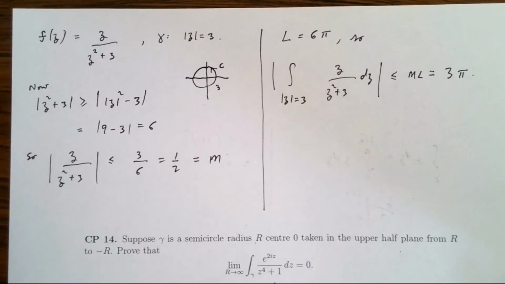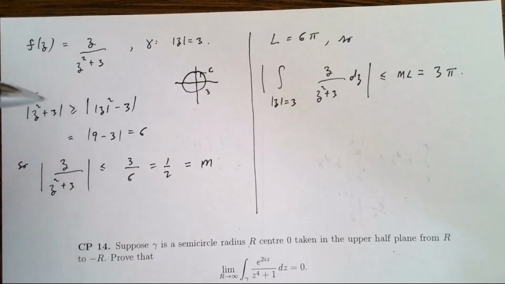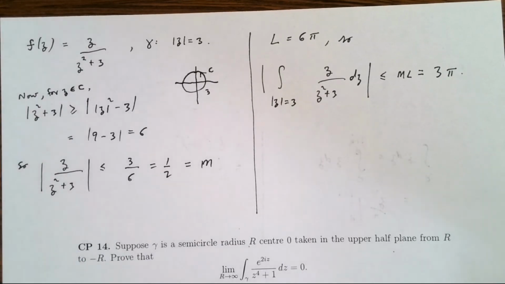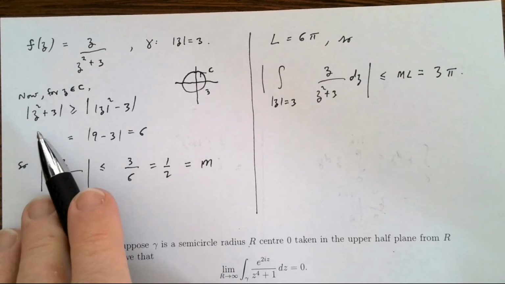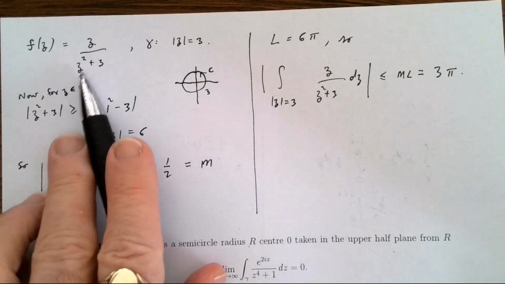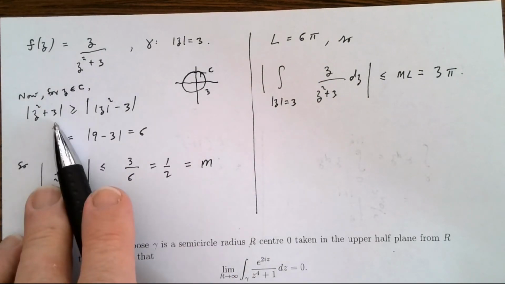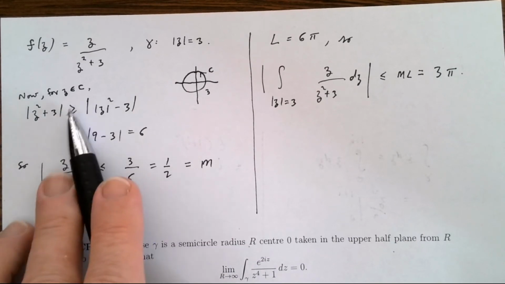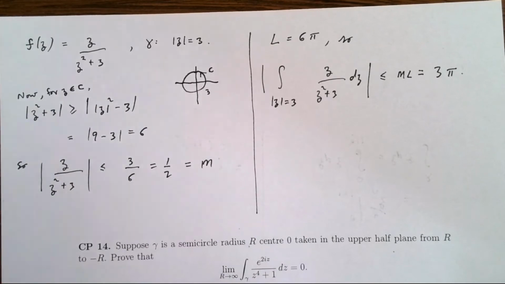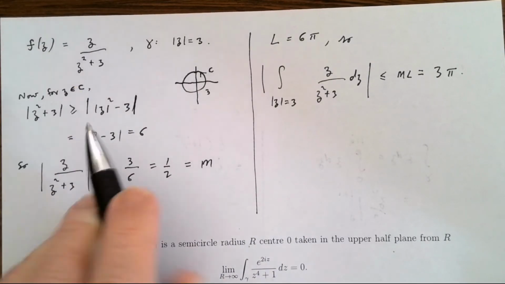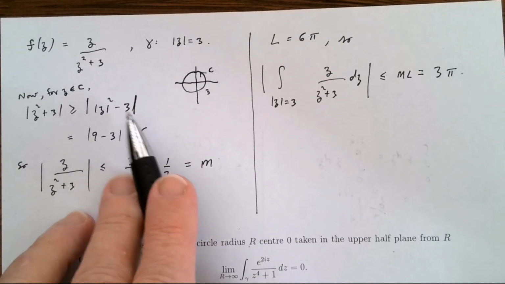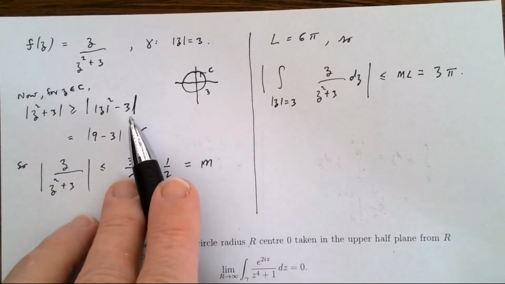Now for z on C, let's have a look at the denominator firstly. We've got z squared plus 3, so that modulus, using the second triangle inequality, is bigger or equal to the absolute value of the modulus of z all squared, minus the modulus of 3, which is just 3.